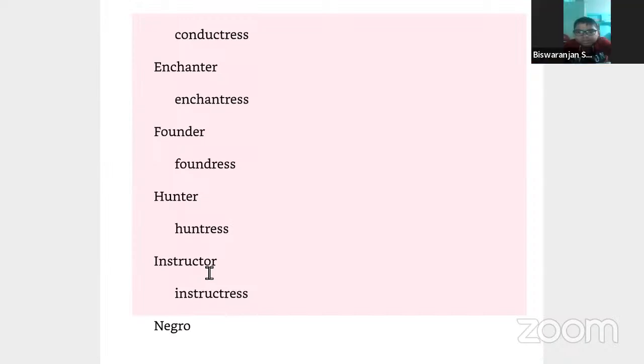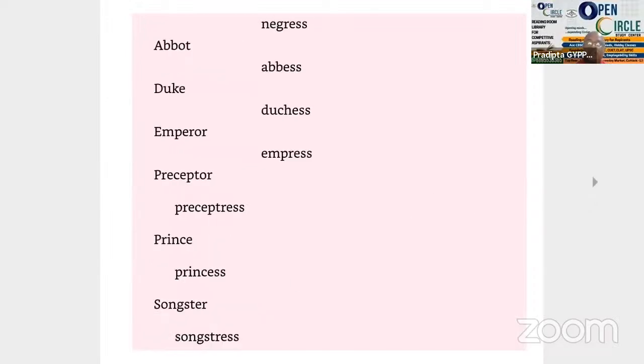Who's an instructor? Sir, who instructs something, like a teacher. Okay. So an instructor means a teacher. The person can be a physical instructor, or an instructor of a language. What do you mean by abbot? A-B-B-O-T, abbot.